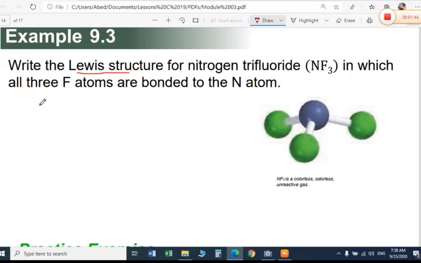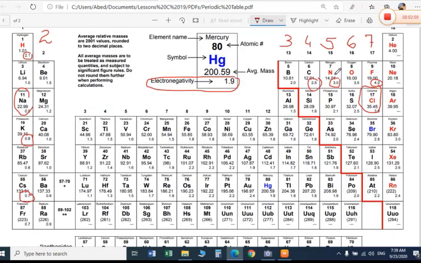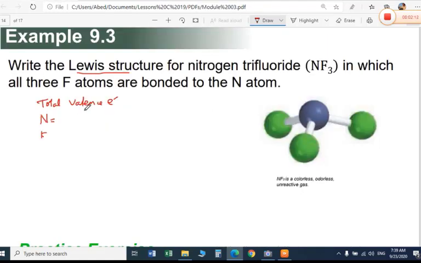Rule number 1 says make the total of valence electrons. So it has one nitrogen atom and fluorine atoms. How many valence electrons does nitrogen have? If you see the periodic table here, this is nitrogen, it has 5 valence electrons. So we say 5.